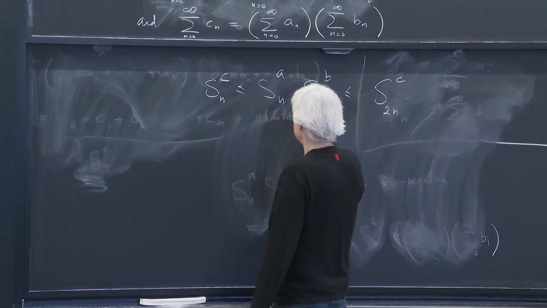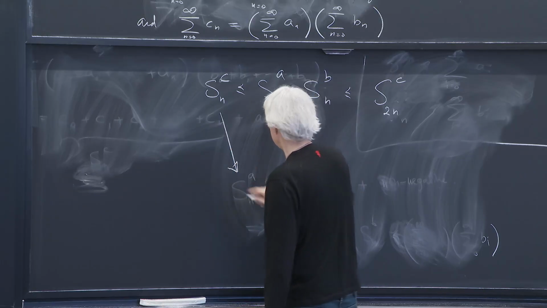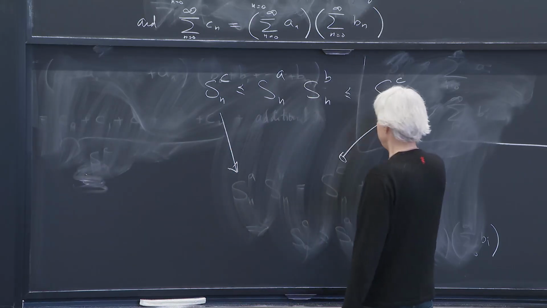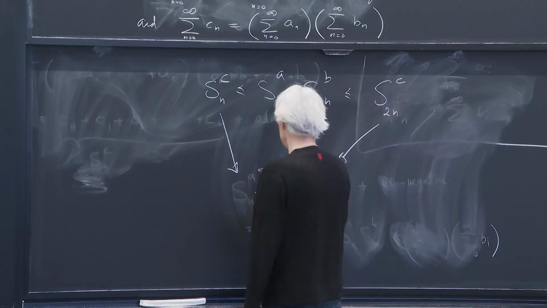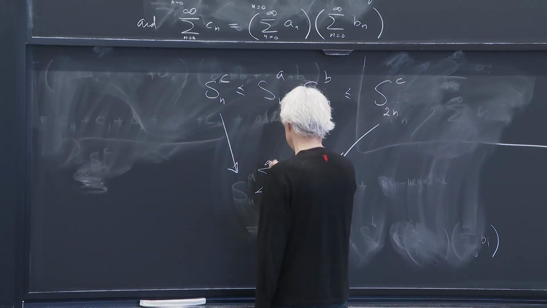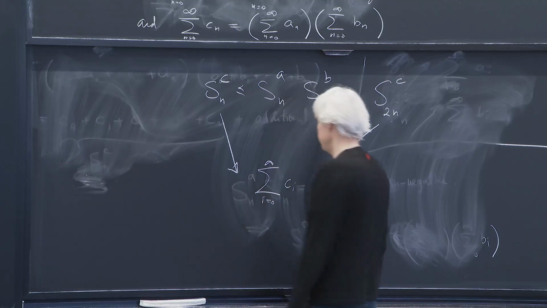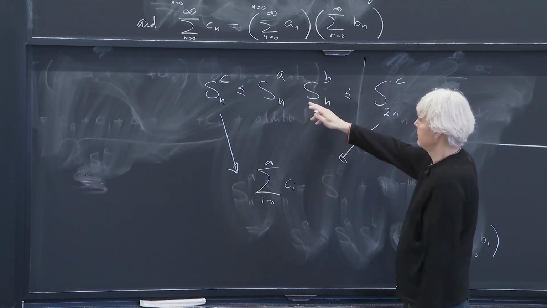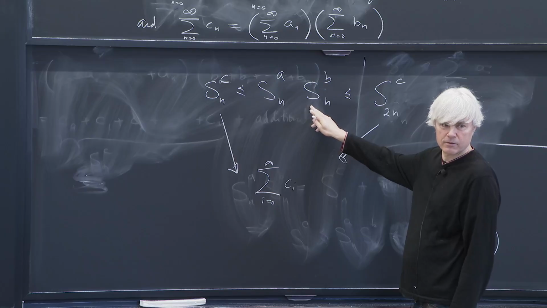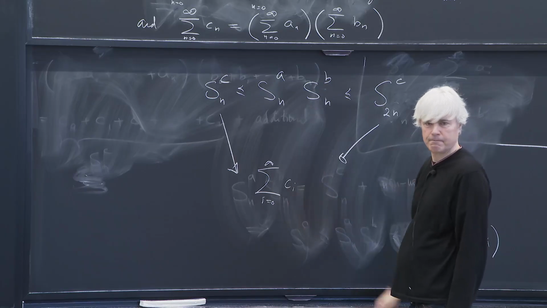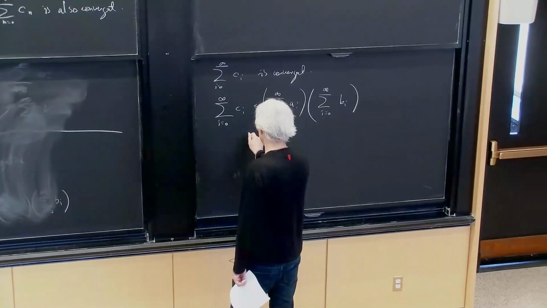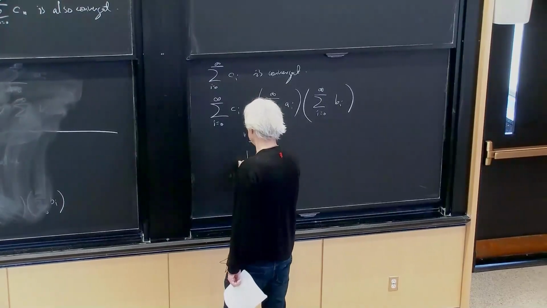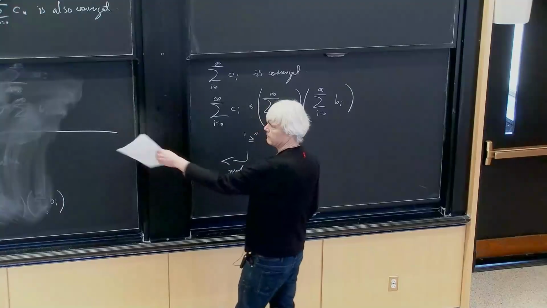This one is squeezed between this one and that one. But both of these converge to the same infinite sum. So the limit of this must also be the same. And so this shows that this is the reverse inequality. So, proof over there.